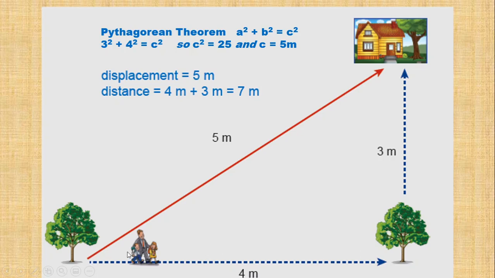Okay, so they're 5 meters from where they started. Okay, and an example of this might be the streets in a town or the streets in a neighborhood. You can't go straight there, so you have to go down this street and then turn left and go down this street. But you know, because of your measurements, that your displacement is actually 5 meters. So you're 5 meters from your starting point.